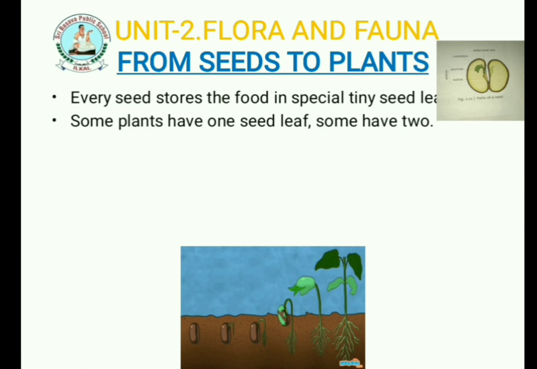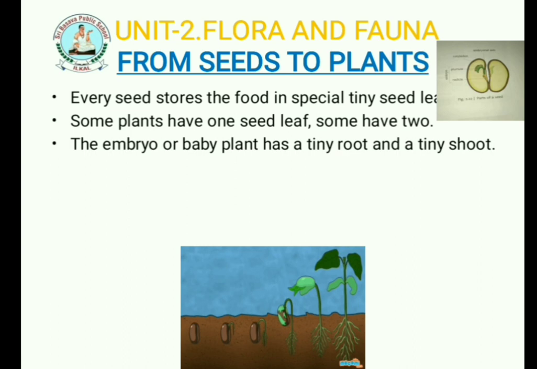Yeah, fine. So, next point, the embryo or baby plant has a tiny root and a tiny shoot. A tiny root grows in the soil and a tiny shoot grows above the soil.